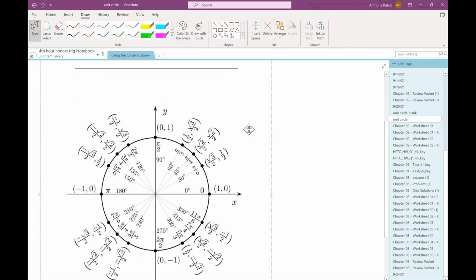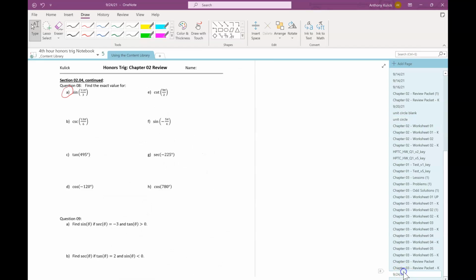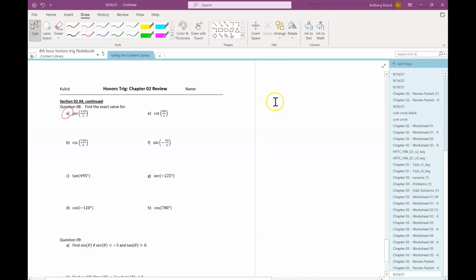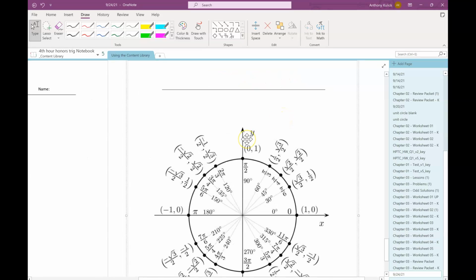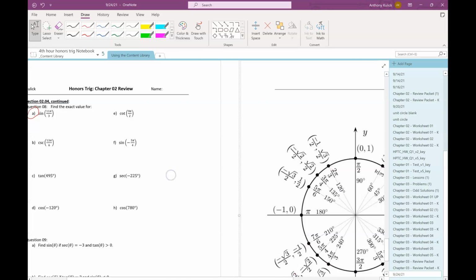So it's wanting us to do this using the unit circle. It just says to find the exact value, but I noticed that the denominator is 1, 2, 3, 4, or 6. It's going to be a unit circle value for radians. Since the denominator is 3, I'm good with that.